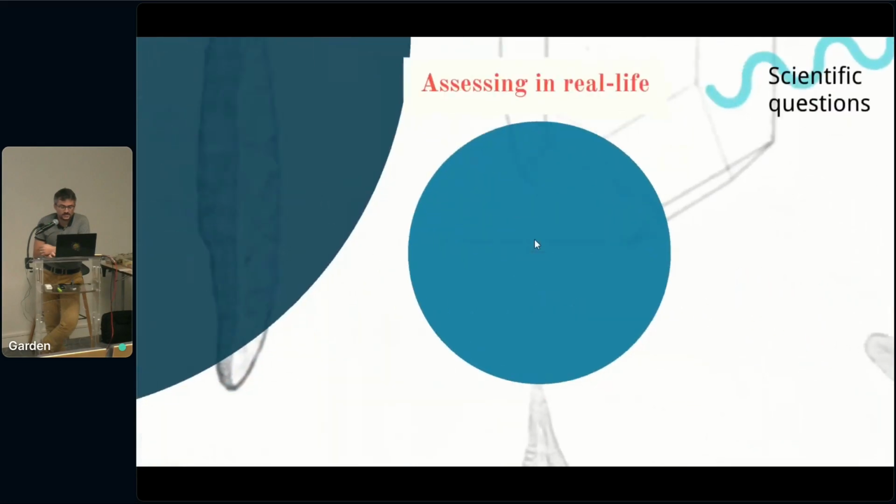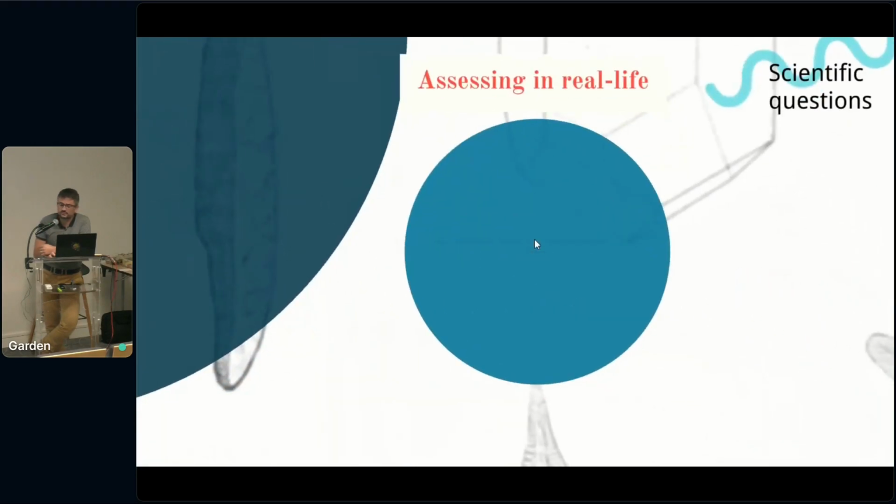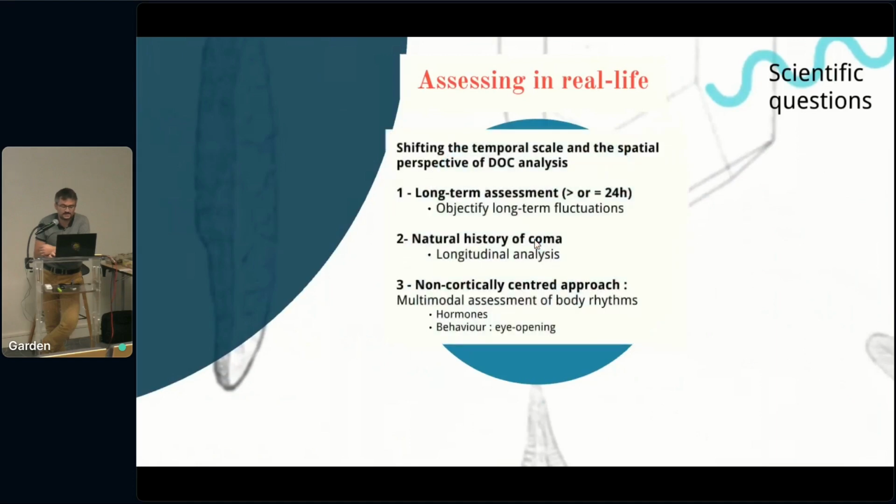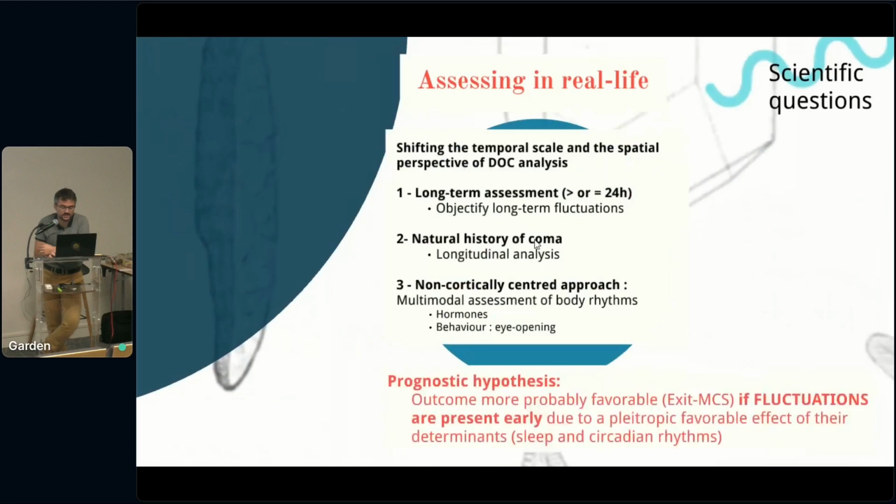So our scientific question was to assess in real life the fluctuations of these patients in the ICU by shifting the temporal scale and the spatial perspective of DoC analysis, using long-term assessment of at least 24 hours to objectify long-term fluctuations, and to assess the natural history of coma by, when possible, longitudinal analysis of the same patients, in a non-cortically centered approach using multimodal assessment of body rhythms, with hormone assessments and behavioral changes of eye opening.